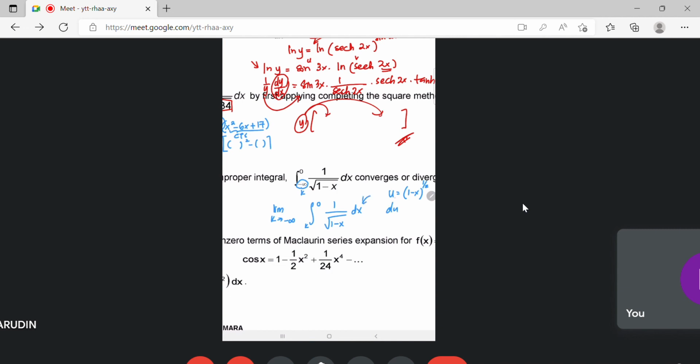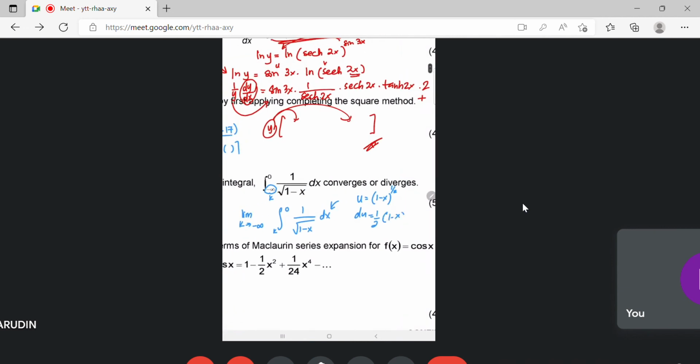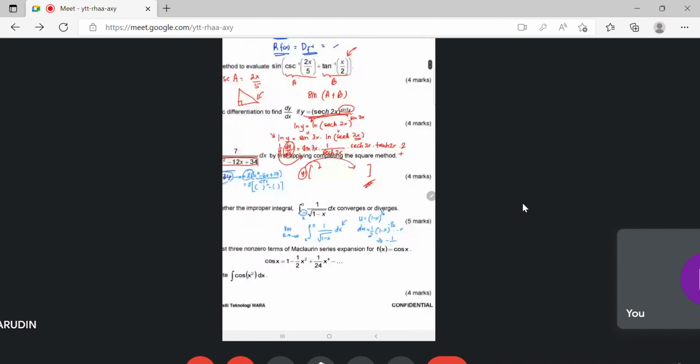Kalau kata dengan menggunakan yang ini, okay, tak apalah saya try buat lah. Nanti korang tak faham pula. Okay, 1 minus x, so 1 over 2 minus, so negative x. So nanti kita punya du kita adalah negative 1 over, tak boleh. Sekejap. Saya blank sekejap.